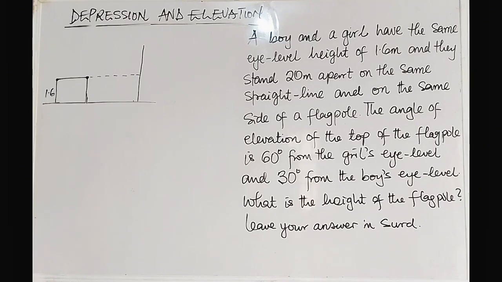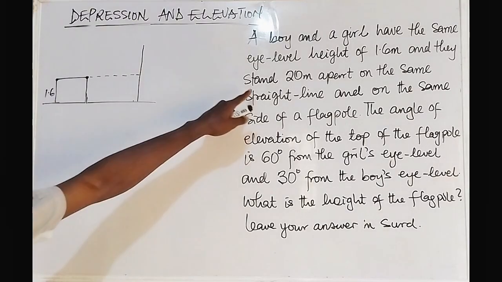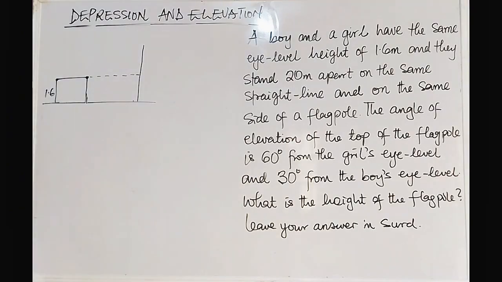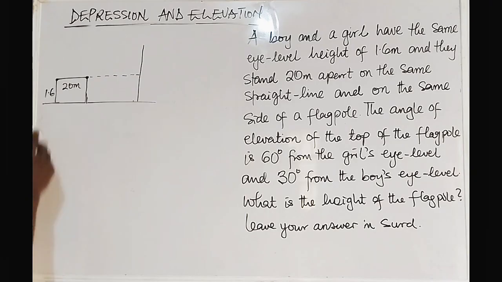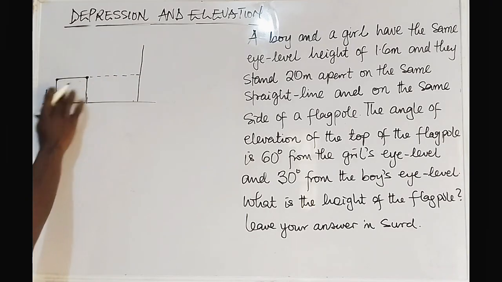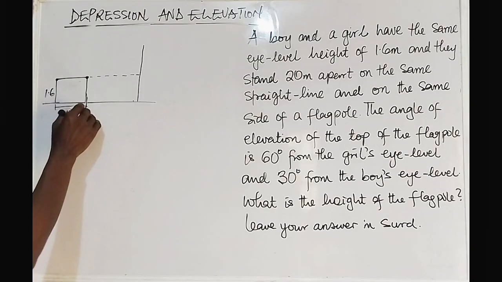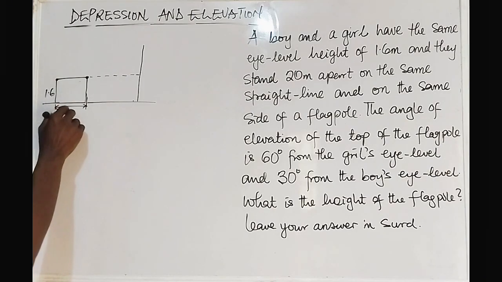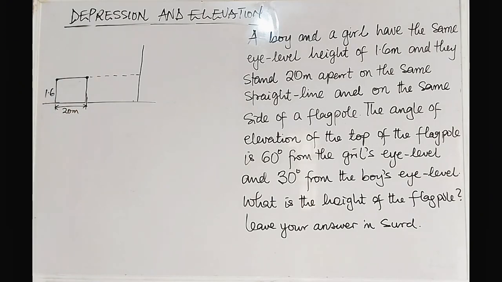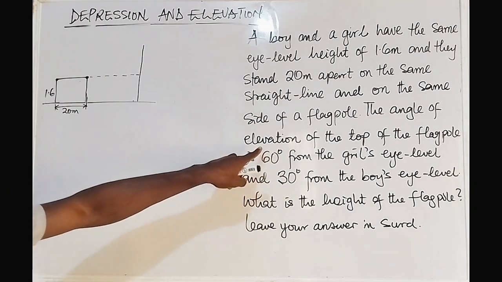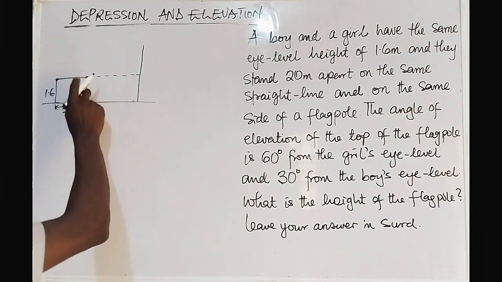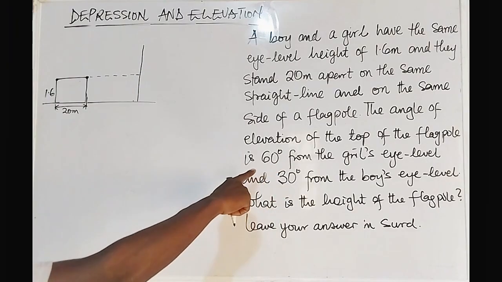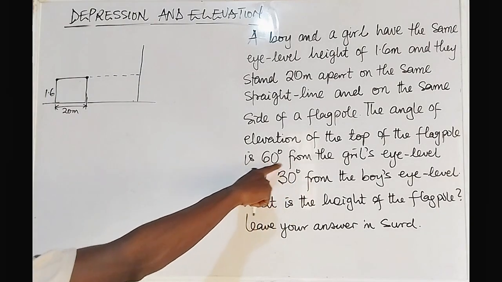So to this point now they stand 20 meter apart, which means from here down to here is 20 meter apart. Now the angle of elevation of the top of the pole is from the girl.